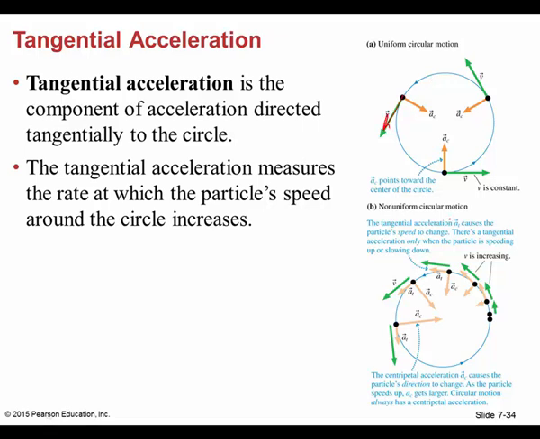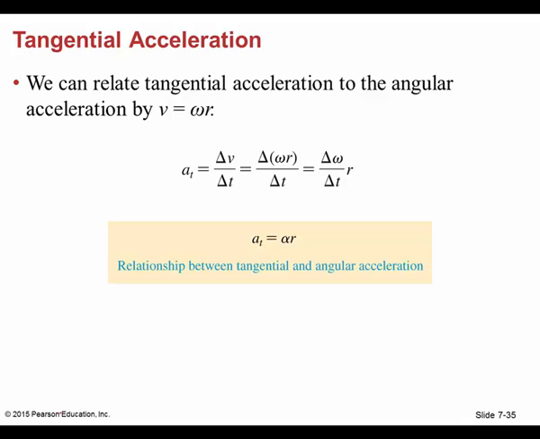This is for uniform circular motion, but when you look at non-uniform circular motion, well, it's still going to be tangent, still going to be in the same direction as your velocity vector, okay? So your tangential acceleration is in the same direction as your velocity, okay? That's the best way to remember tangential from centripetal, okay? Tangential's out here at a point, it's tangent at the point, okay? Centripetal is center seeking, all right? That's the best way to remember it.